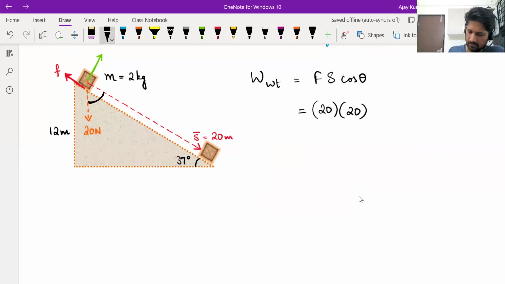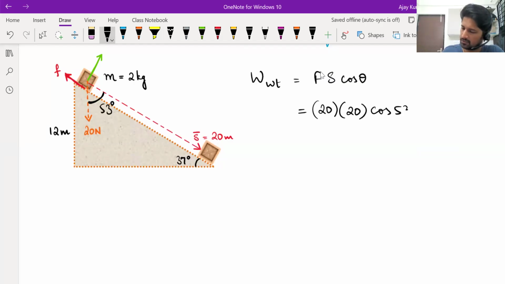How much is this angle? Aishwarya, you tell. So 53 degrees. The angle between weight and the displacement is 53.